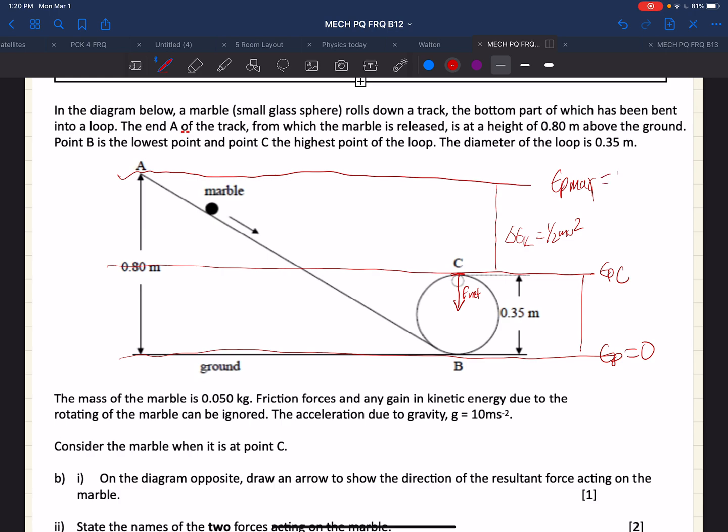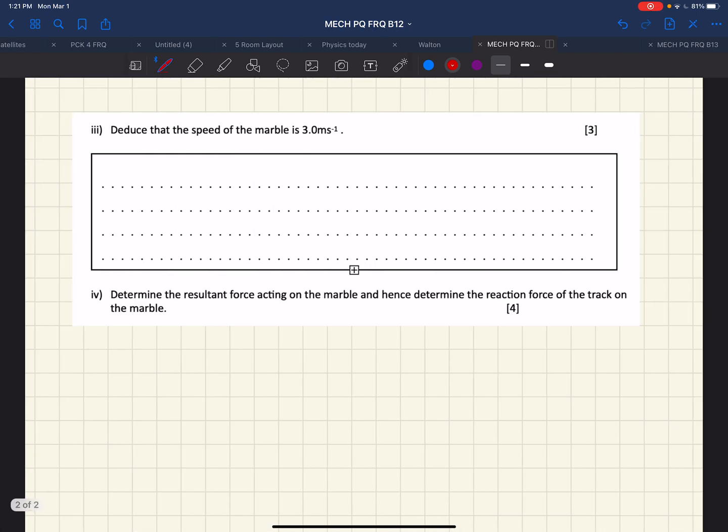And the gravitational potential max is mgh, as is C, mgh. So at this time, we have a total conservation of energy. So we have a total energy, which is equal to the initial energy of the system. The total energy is going to be EPG max.